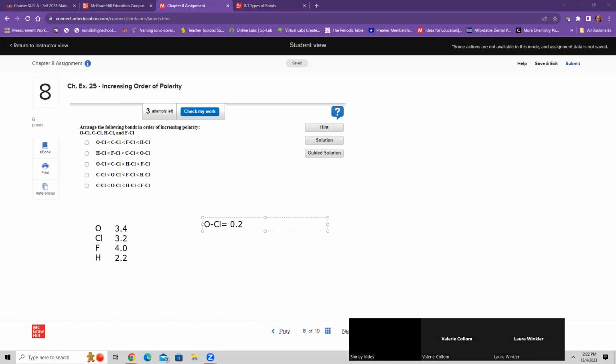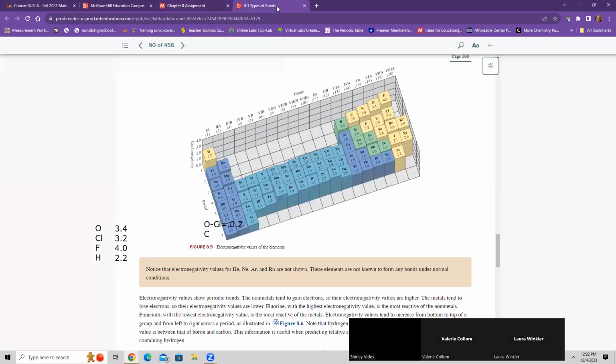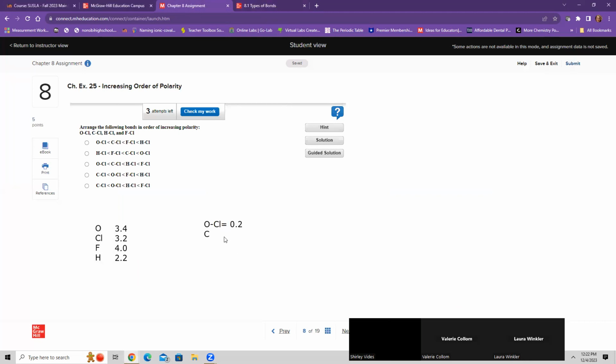The next one that we have is CCl. Oh, we didn't get carbon. Darn it. There was one missing. Okay, let me go get carbon. Carbon is 2.6. Just remember that one. So carbon is 2.6 minus Cl, which is 3.2, is 0, right? Oh, man. I hate when I do that.